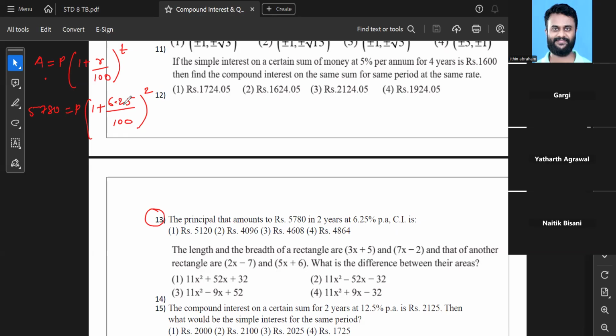Let me just check. I can convert this as 6.25 divided by 100. This can be written as 625 divided by 10000, which is 25 into 25 divided by 100 into 100. That gives 1 by 4, 1 by 4, so 1 by 16 it is. How did I do that?